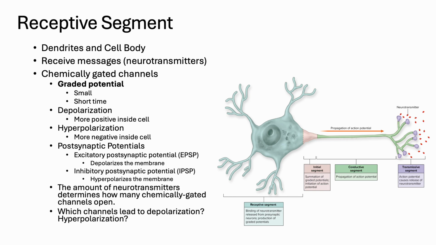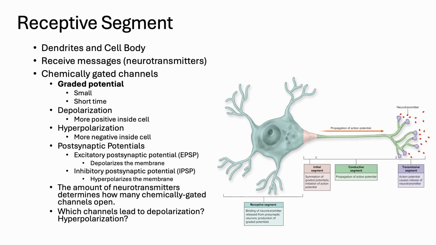Now, what that means is if they're excitatory, they are going to move the inside of the cell more positive, or they're going to depolarize the membrane. If they are inhibitory, they are going to shift the inside more negative or hyperpolarize the membrane. Now, different neurotransmitters, right, are going to be EPSPs versus IPSPs, or excitatory versus inhibitory.